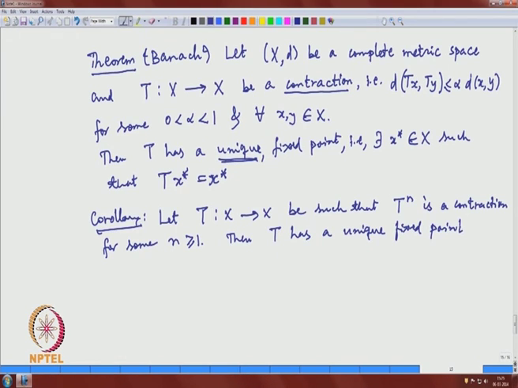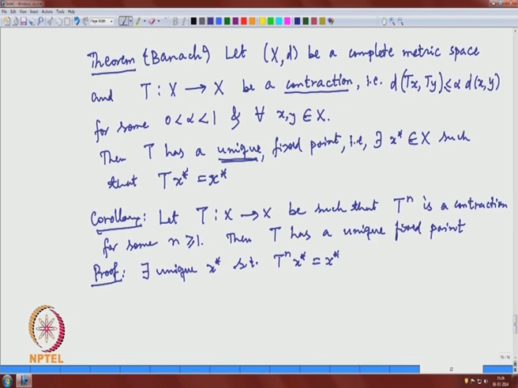Let me indicate how this corollary follows. Proof of the corollary: since T^n is a contraction, we apply Banach's theorem. So there exists a unique x star such that T^n x star is x star.